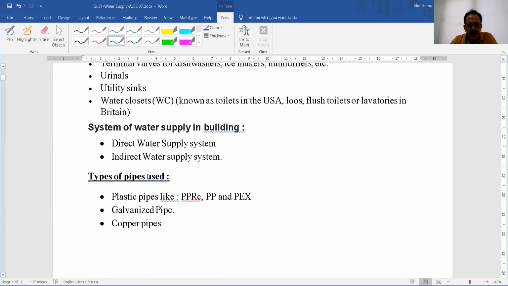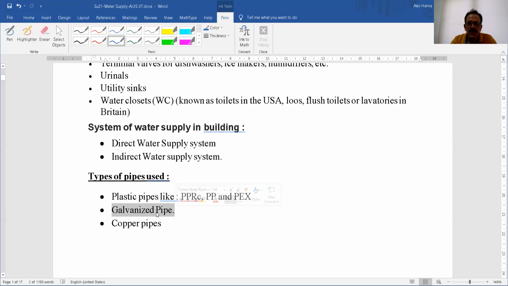The types of pipes that we use for the fixtures inside the building, usually nowadays, are plastic pipes: PPR, or polypropylene PP, or PEX, which is cross-linked polyethylene, and something like galvanized pipe.